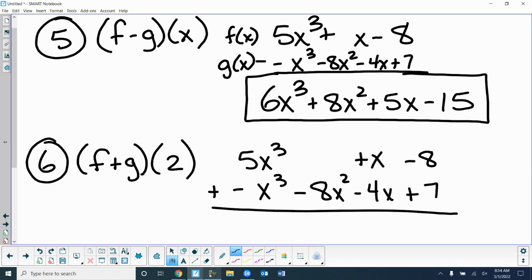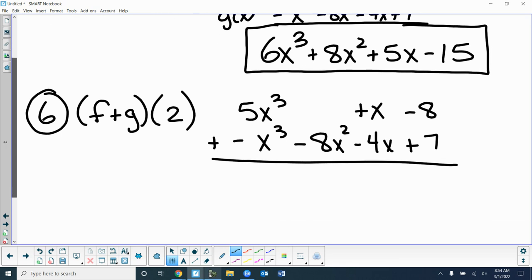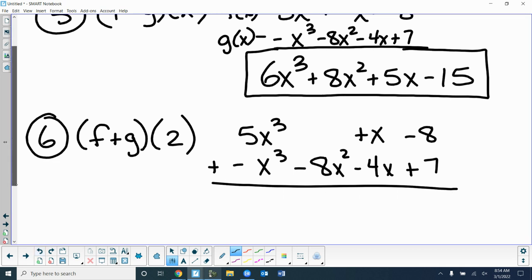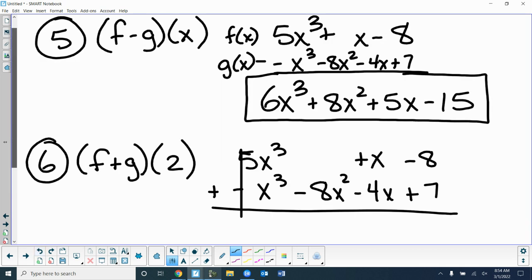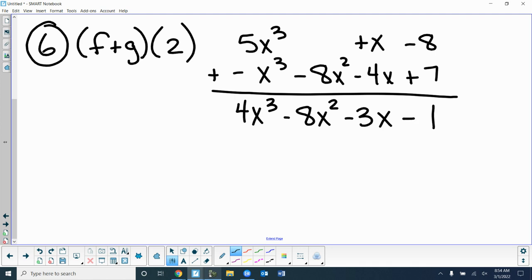Now it's addition. Okay? So 5 plus negative 1 is 4. Okay. 0 plus negative 8 is negative 8. 1 plus negative 4 and negative 8 plus 7 is that.